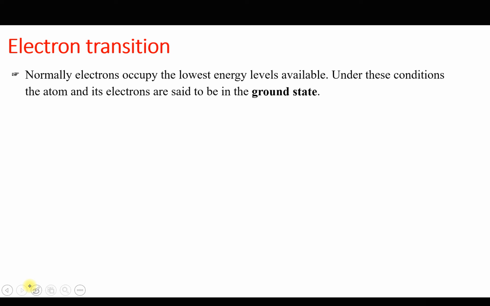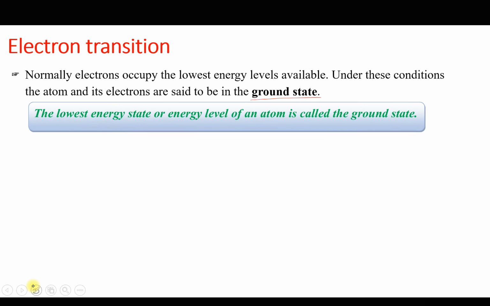That's when the atom is considered to be stable. Under these conditions, the atom and its electron are said to be in the ground state. The ground state is the lowest energy state, or the lowest energy level of an atom. And in that state, the atom is always considered to be very stable.